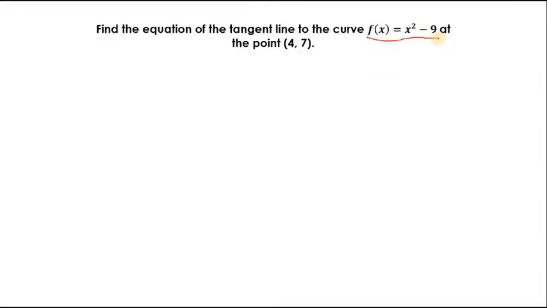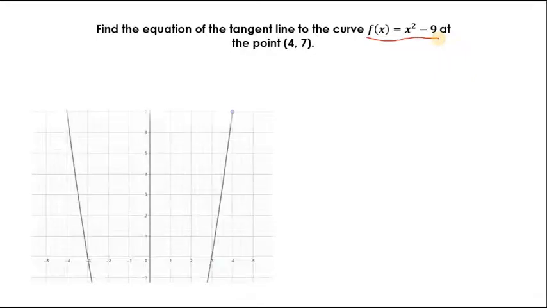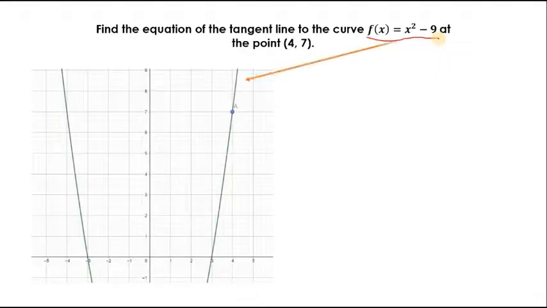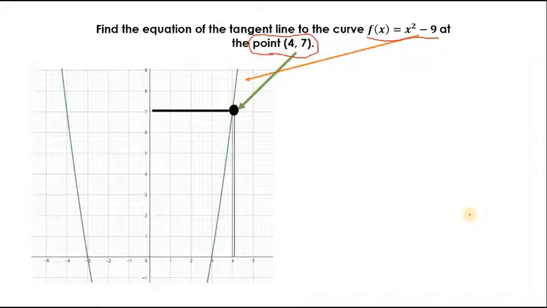The leading coefficient is positive, therefore that is a parabola opening upward. So the graph of x squared minus 9 is that one. What is the point 4, 7? The point 4, 7 in the graph is located there. That is the point 4, 7, right?